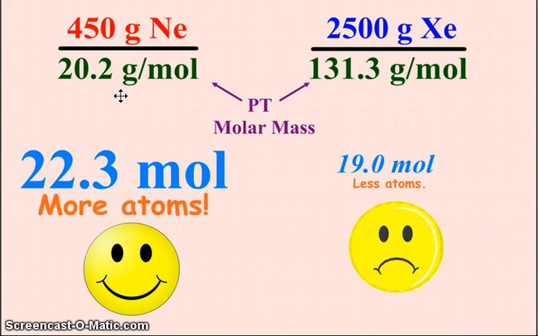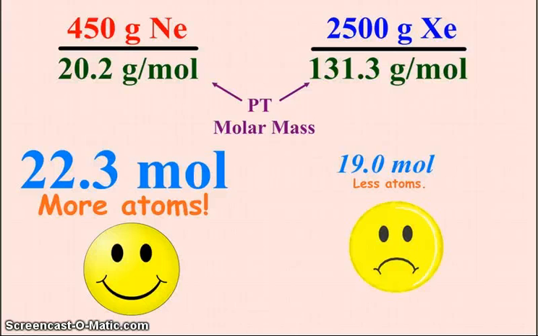For neon, you take the 450 divided by its molar mass, 20.2. For xenon, you take the 2500 divided by its molar mass, 131.3. Even though the mass amount is larger for xenon, each xenon atom is much bigger than a neon atom. So realistically, there's 22.3 moles of neon in the tubes, 19 moles of xenon.